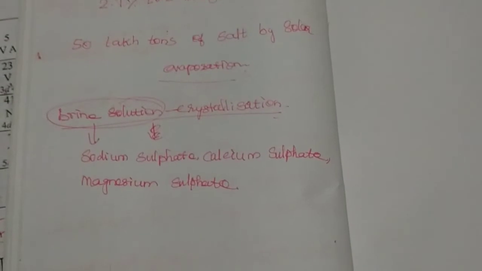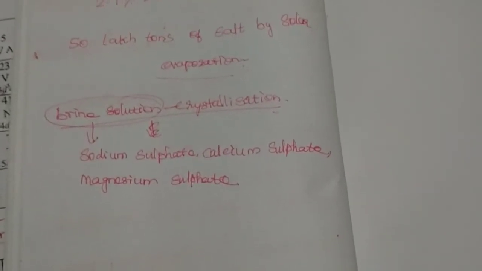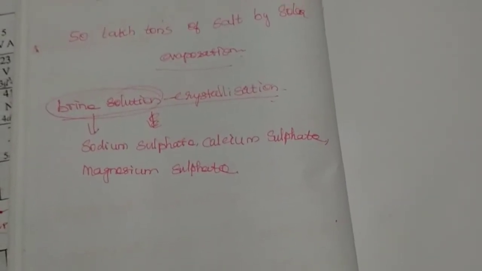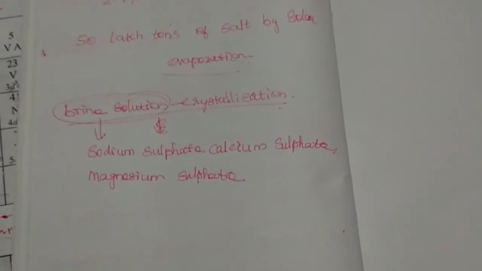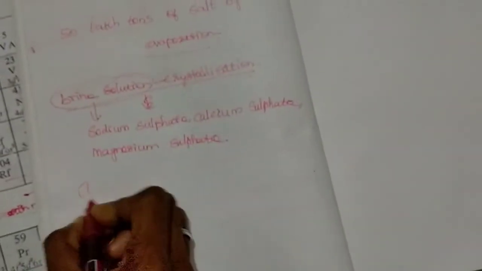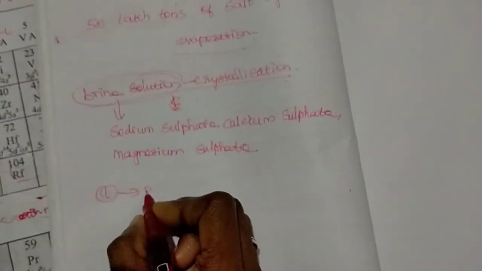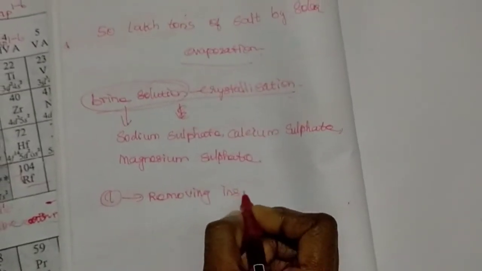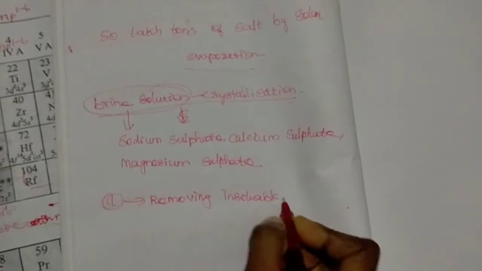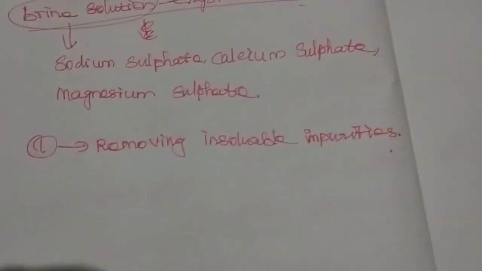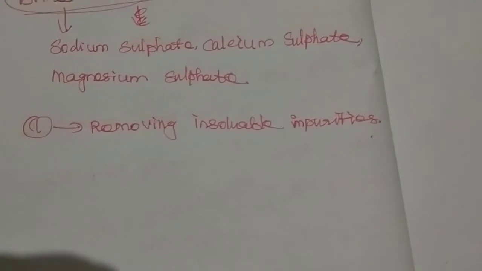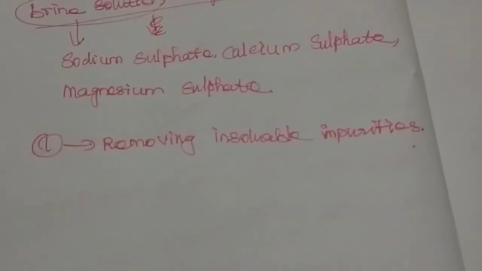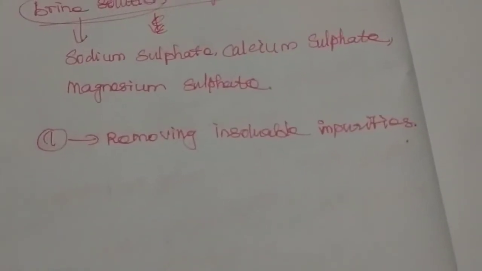The first step to get pure sodium chloride solution is to remove the insoluble impurities from the crude salt solution by the filtration process, using a minimum amount of water.